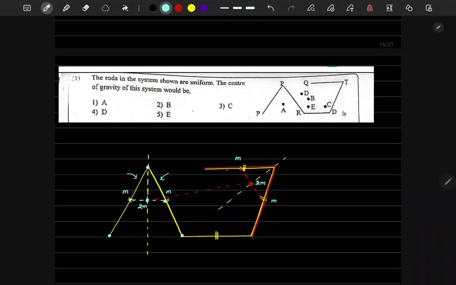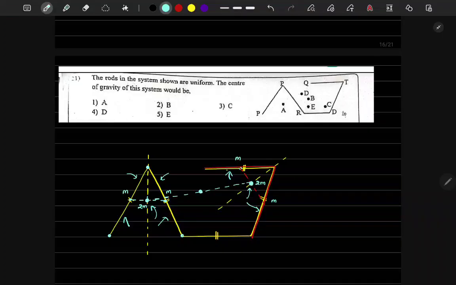Now if I join these two, the center of gravity of these two should also be found at the center of the joining line, because I have reduced these two pairs to this point and these two pairs to this point, so what I have is actually concentrated masses of 2m at these points. So the center of gravity of these two masses should meet at the center of their adjoining line.